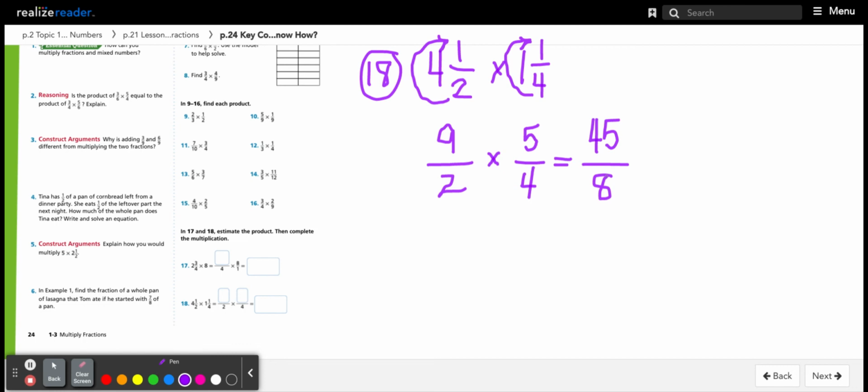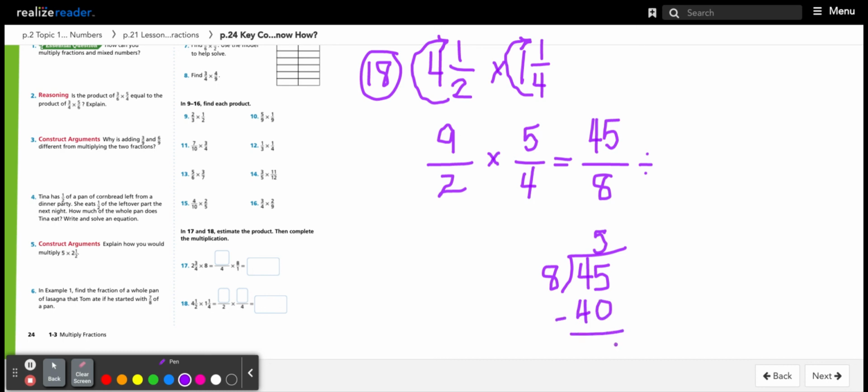How many times does 8 go into 45, or what is 45 divided by 8? So let's do it. Okay, so how many times does 8 go into 45? We have 8, 16, 24, 32, 40, 48. I want to get close to 45 without going over. So the closest I can get is 8 times 5, which is 40.